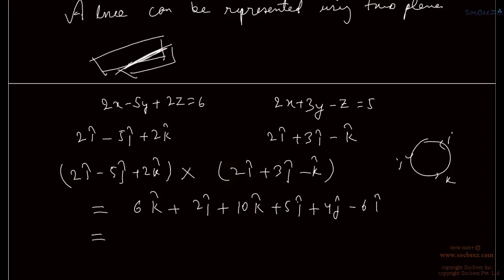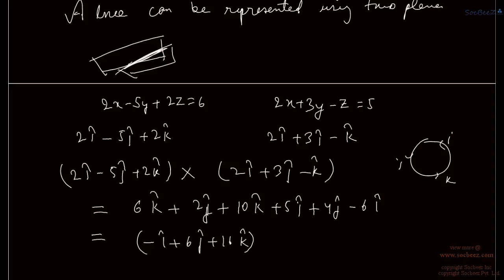So we have the i component as minus i, j component as plus 6j, and k component as plus 16k.